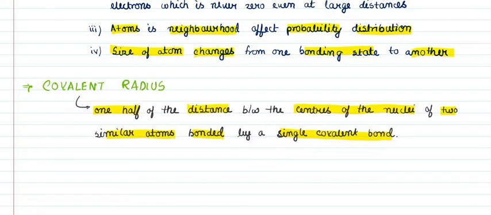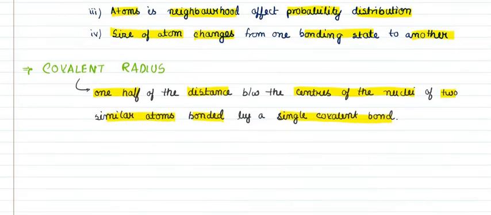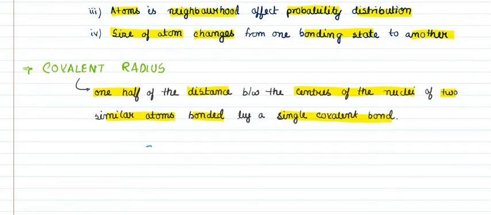What we are actually saying here is that we take a molecule with two atoms in it. This can be isolated.